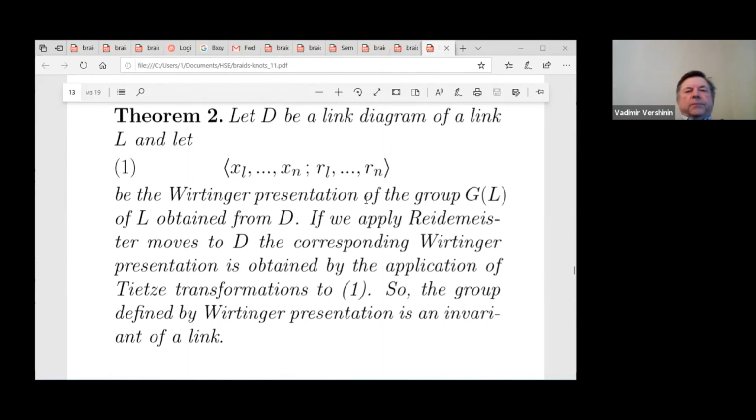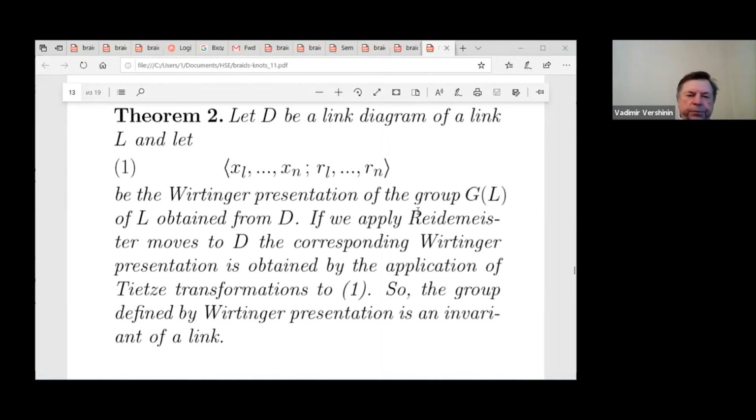But this theorem is saying that if we apply Reidemeister moves, or even one Reidemeister move, it's enough, to get diagram D prime, then the corresponding Wirtinger presentation is obtained by the application of the Tietze transformation to this Wirtinger presentation.